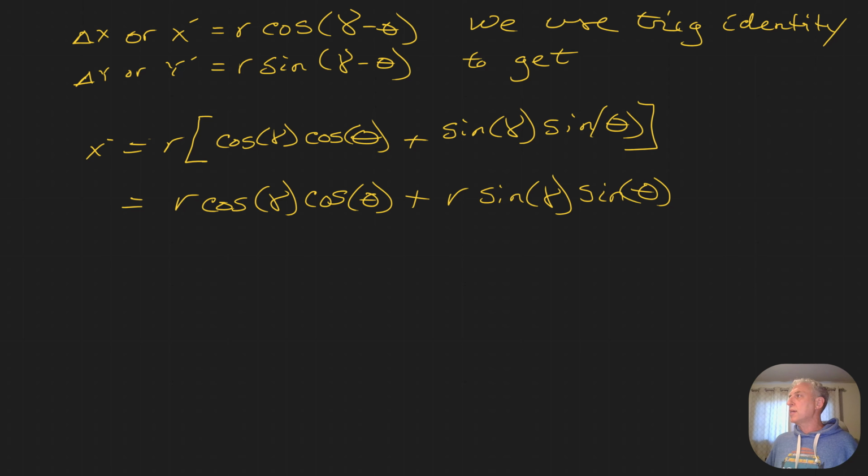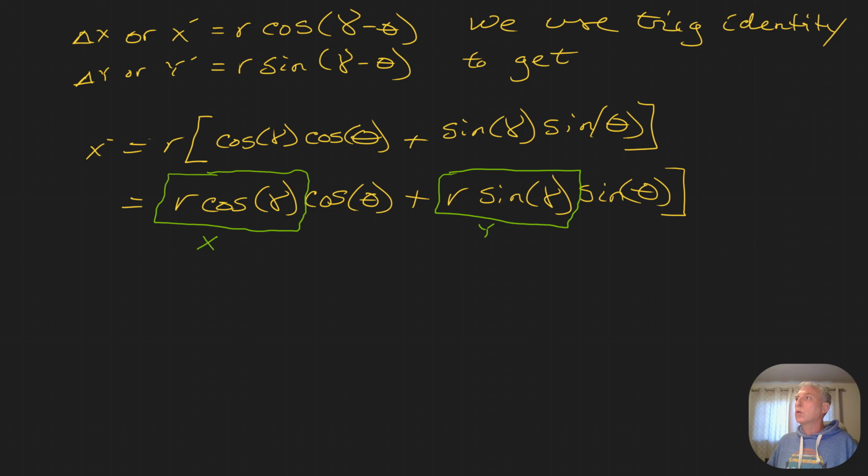But some of these terms should look really familiar. This term here, if you look at your diagram, that's just my original x value. And the r sine gamma is my original y coordinate.